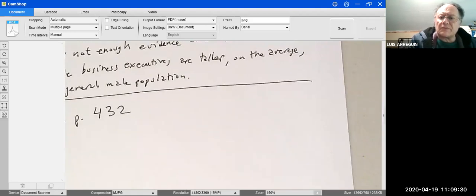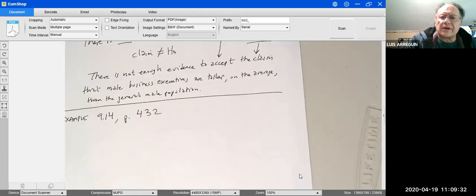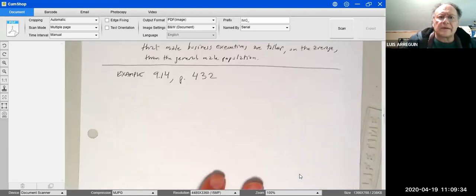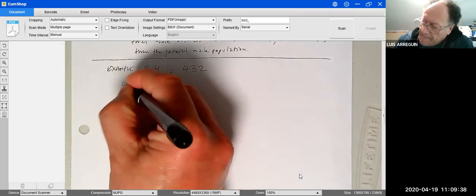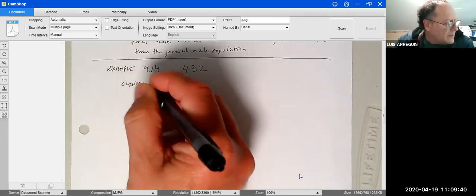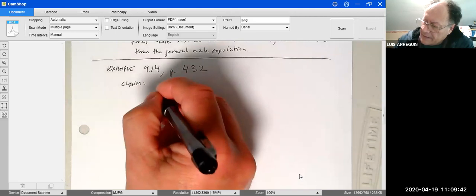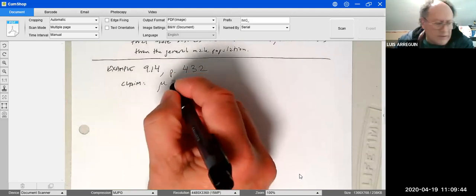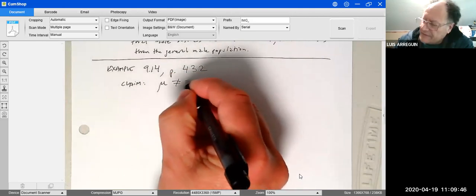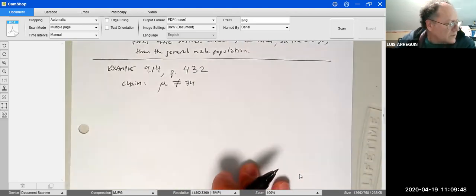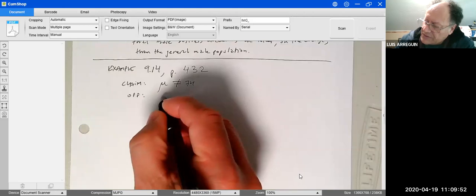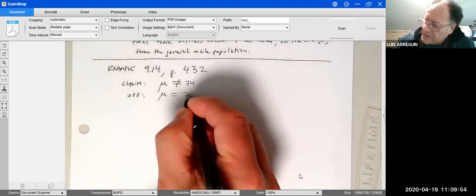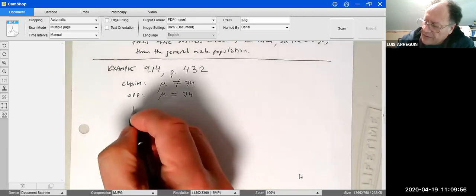So for this problem, we just need to write again the claim. The claim is that the mean is just different than 74. So what is the opposite? The opposite is just the mean equals 74.